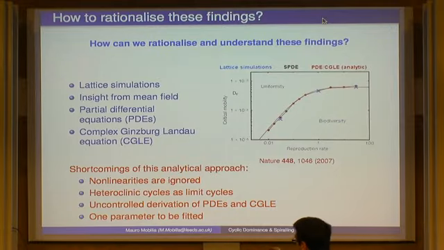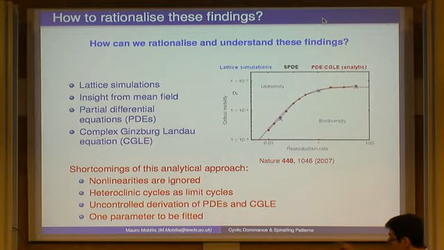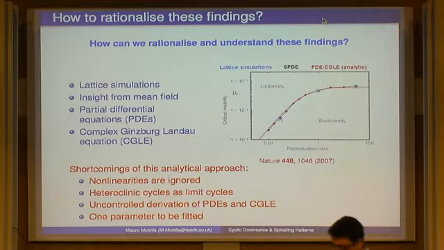Still, we approximate this uncontrolled PDE as an uncontrolled complex Landau equation that I'm going to discuss soon. And on top of that, we use one parameter that we had to fit. So that's where this comes from. So there was room for improvement, right? And that's what I'm now going to discuss, how to improve on this.